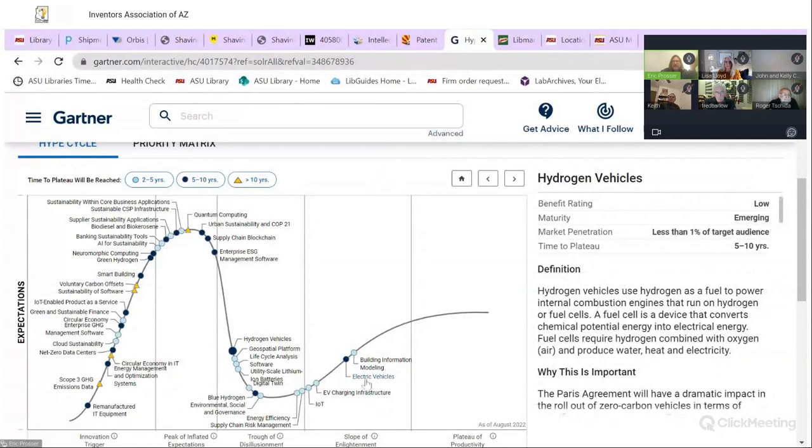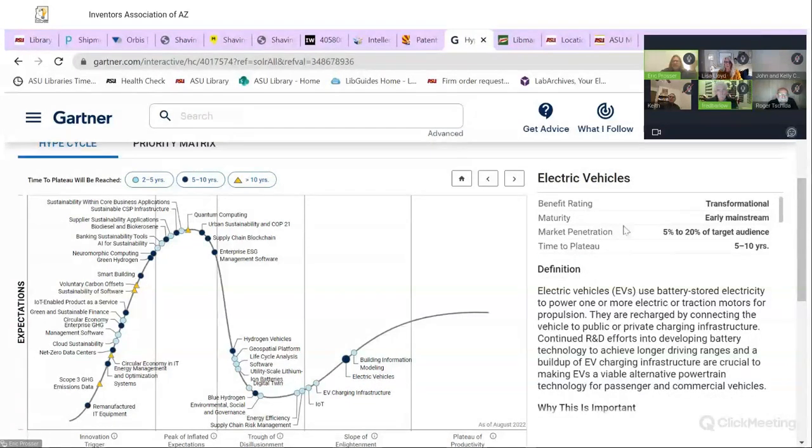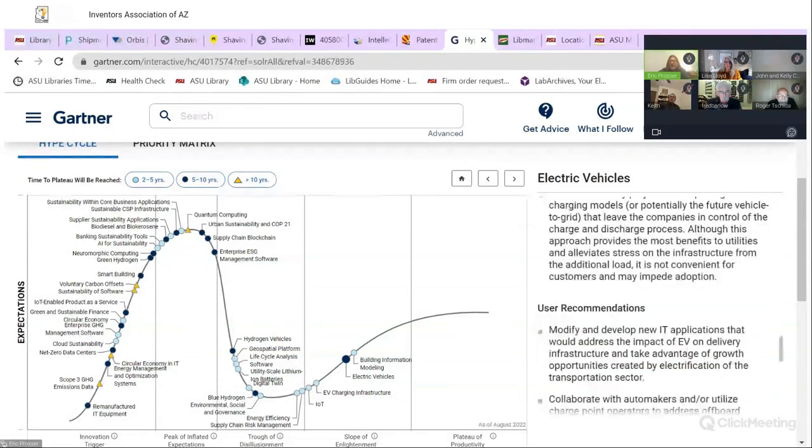We can do the same thing for, say, electric vehicles. And then over here, right, it's early mainstream right now. It's showing the market penetration about 5 to 20%. I think the last time I saw specific numbers on EVs, it was about 8 to 10, fairly specifically. So in addition to having this nice little graph, you can click on the information here and get actual words that talk about it.